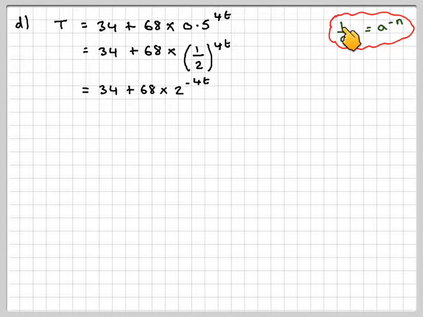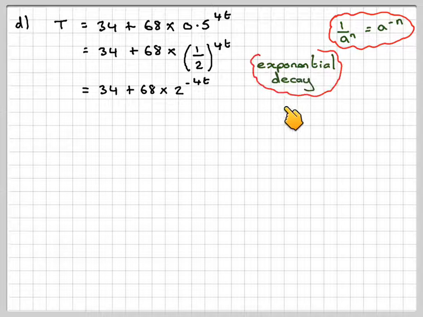That's using the idea that 1 over a to the n is equal to a to the minus n. Now, we've got exponential decay here because we've got a minus power.